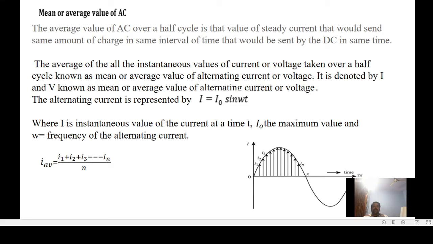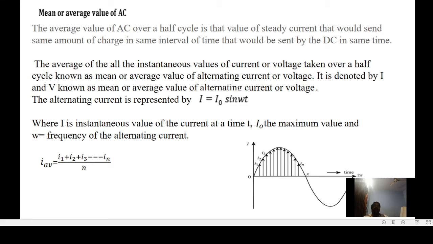The magnitude of AC changes from time to time and its direction also reverses after every half cycle, which means that the current is positive in one half cycle and negative in the other half cycle. Because of this, net charge flow is 0.